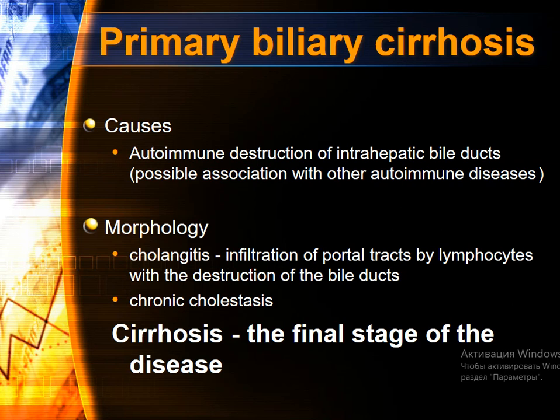The cause of this disease is autoimmune destruction of intrahepatic bile ducts, and very commonly we see an association with other autoimmune diseases. Primary biliary cirrhosis is most characteristic for females. Morphologically, we will see cholangitis, infiltration of portal tracts by lymphocytes with destruction of the bile ducts, chronic cholestasis, and cirrhosis represents the final stage of the disease.